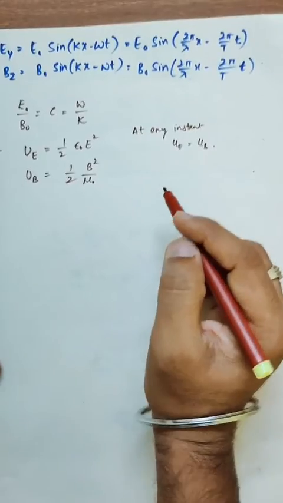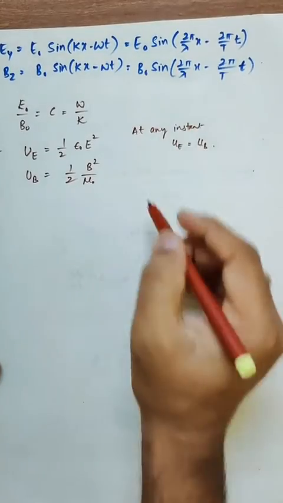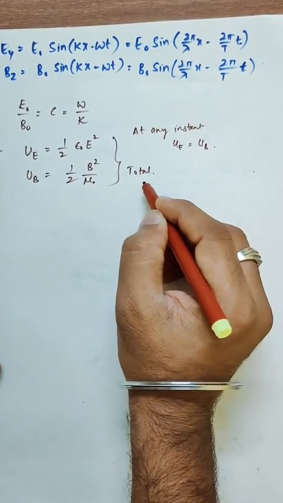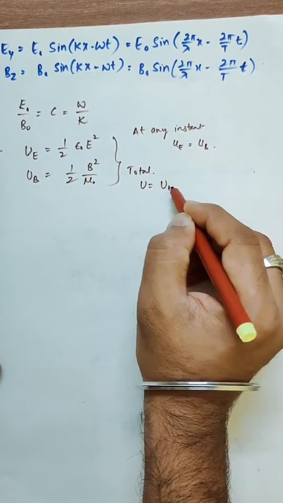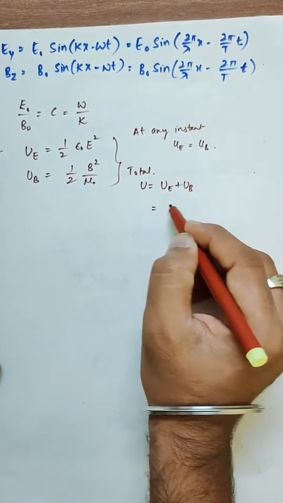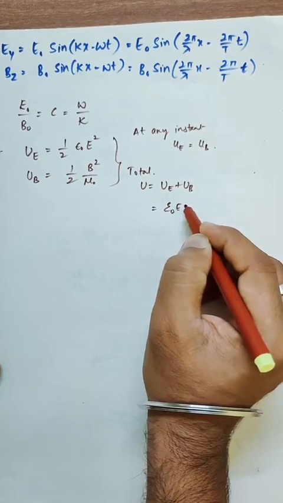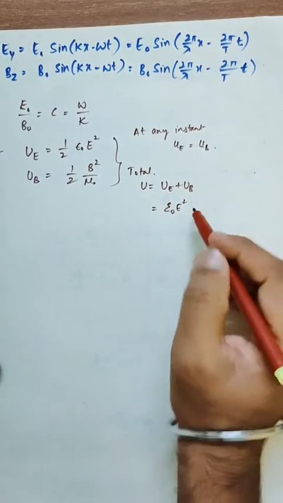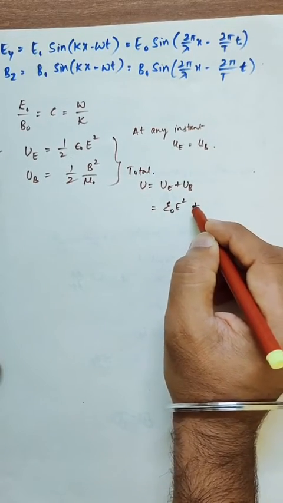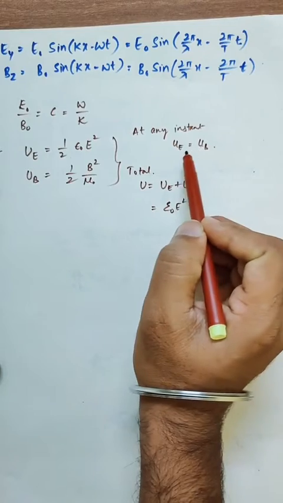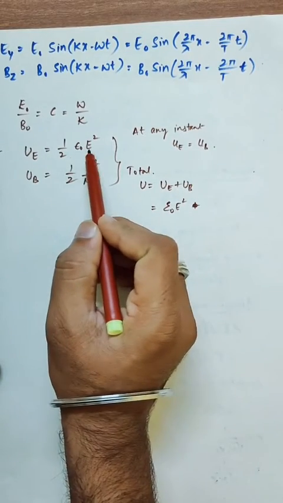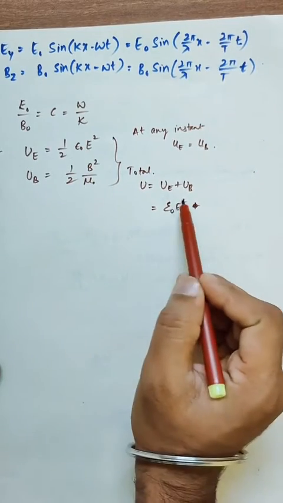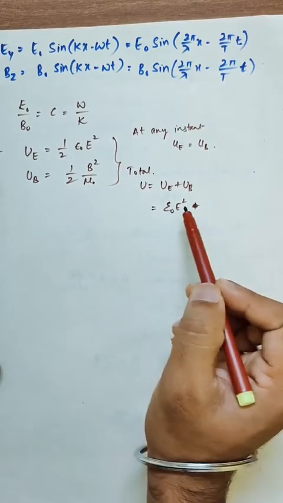The total instantaneous energy density U is equal to U E plus U B. In case U E is equal to U B, this will be 2 times half epsilon naught E square, that is epsilon naught E square.